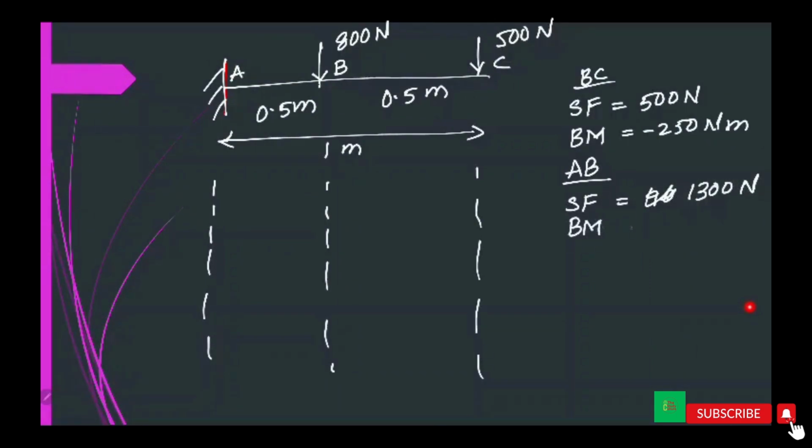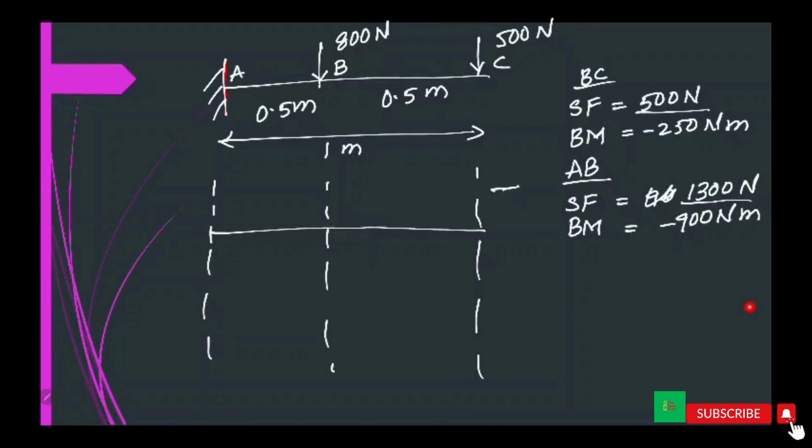Bending moment is minus 900 Newton meter. For these values, we have to draw diagrams. First of all, take the shear force values. Both shear force values are positive, that means only in the upward direction.